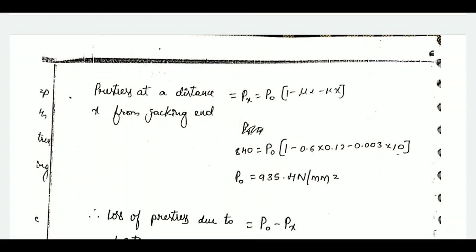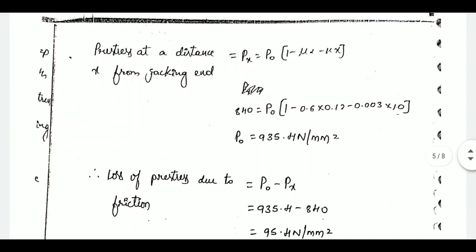So P naught we need to find out. Px is given 840, at 10 meter distance. So mu is 0.6, alpha 0.12 we have calculated, K is 0.003 given, and 10 meter is the span. So P naught equals this much.